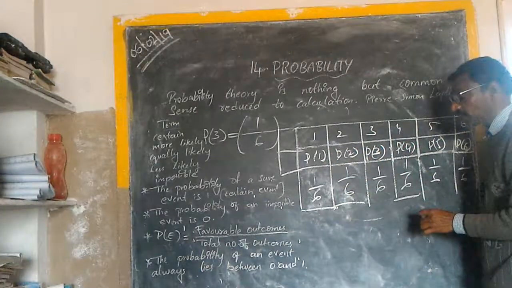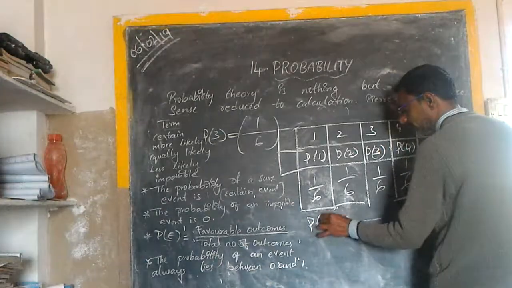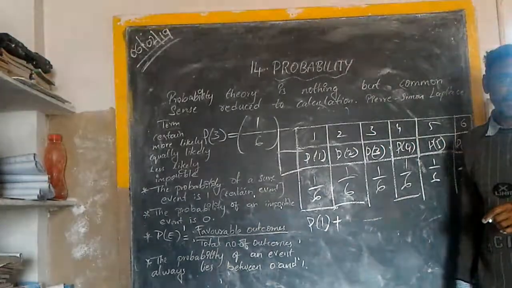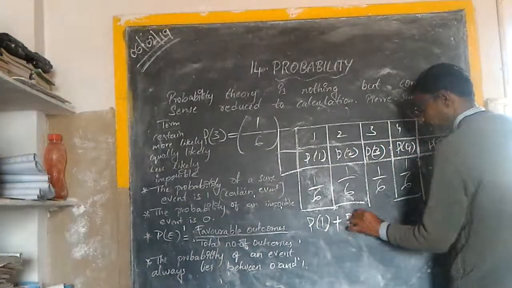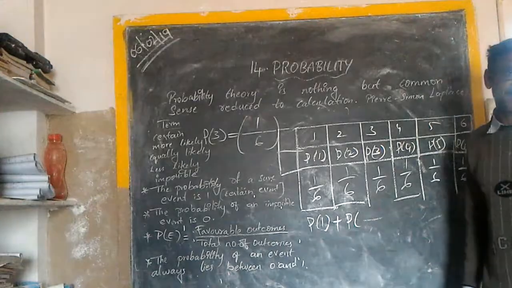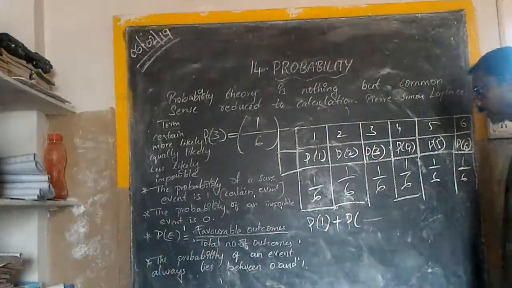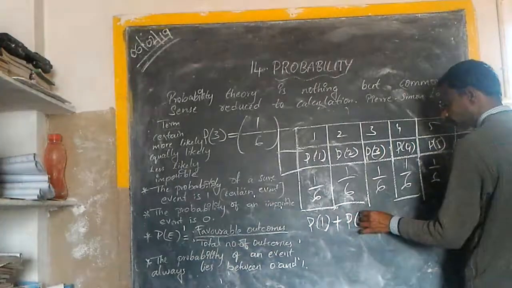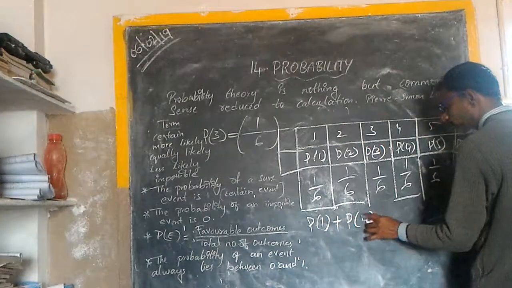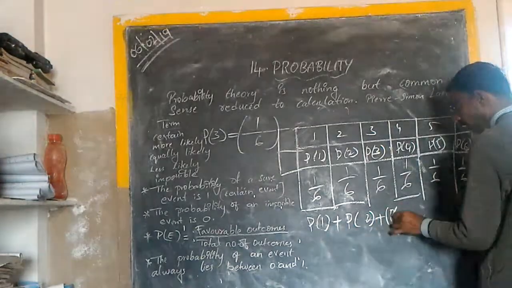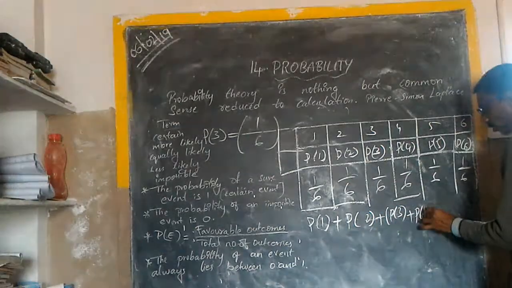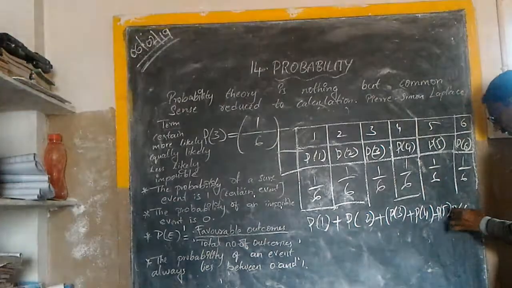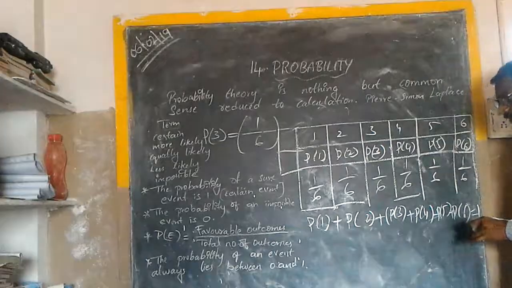Very important point: the sum of all probabilities of an event, in an experiment, that is P of 1, P of 2, P of 3, P of 4, P of 5, P of 6, is always equal to 1.